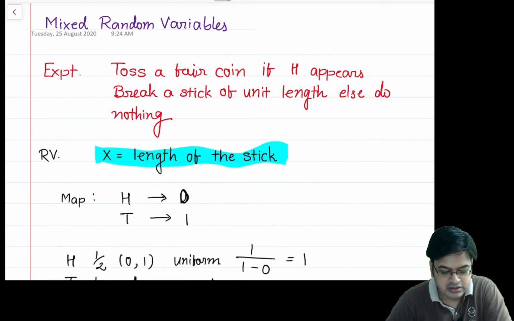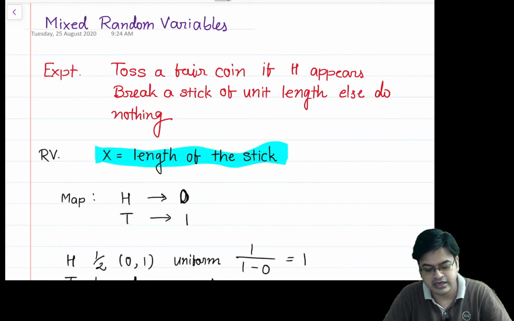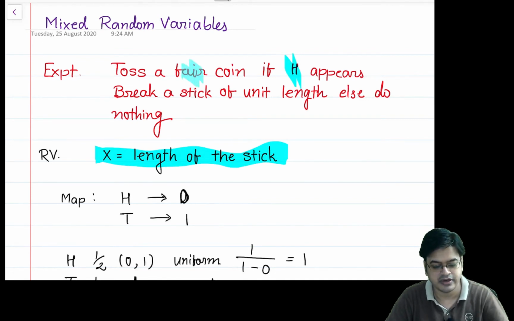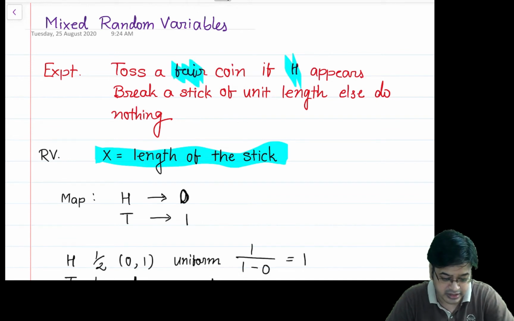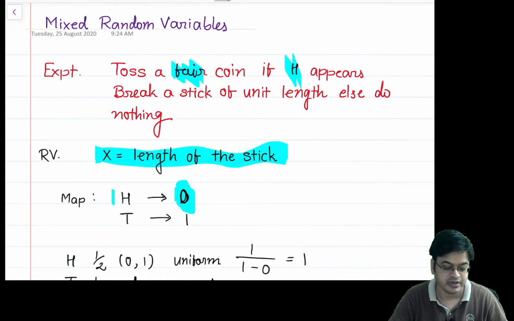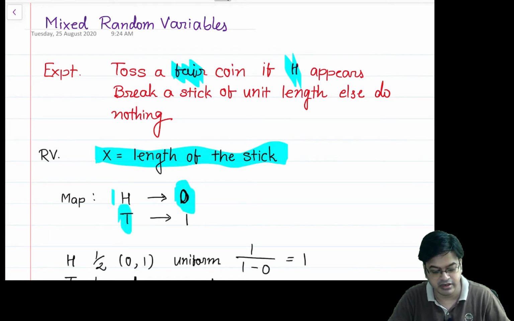Now, as we are dealing with a coin tossing experiment, head and tail are the outcomes. And given that the coin is a fair coin, I know they occur with probability half. So first I will map the outcome head to the number 0, because I want to define a random variable, and I will map the outcome tail to the number 1.